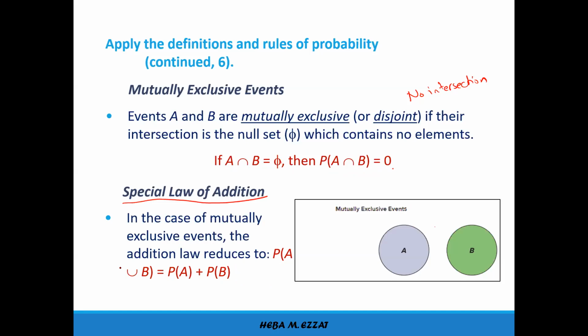So to find the union of A and B, we just need to sum A and B. We don't have any repeated area in the intersection, so we don't have to subtract anything from this formula.